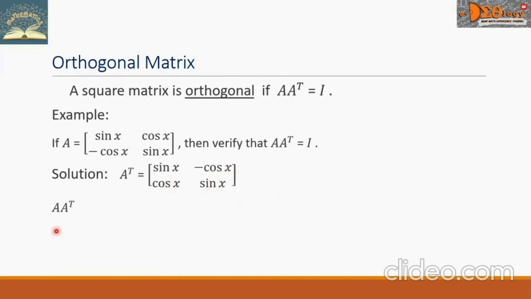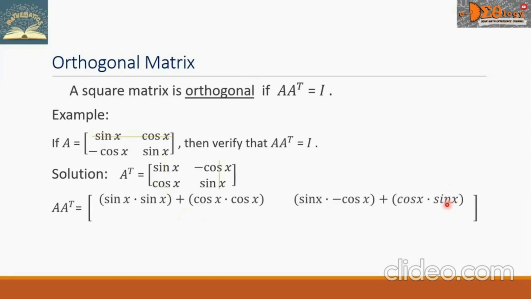Then we're going to multiply A by A transpose. So we will write our matrix blank here. We will start the row column multiplication. So the first row multiplied by the first column. So we have here sin x times sin x plus the cosine x times cosine x.